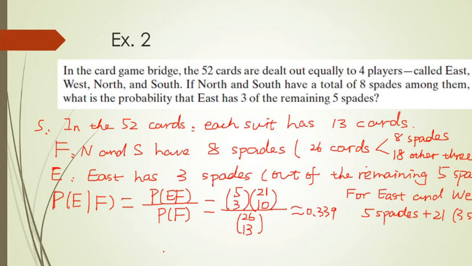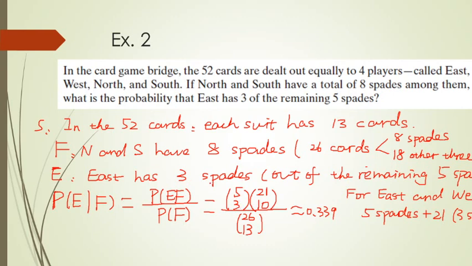Here we define event F as north and south have 8 spades, but they already got 26 cards: just 8 spades plus 18 from the other 3 suits. And then given that event F occurs, the conditional probability of event E, which means east has 3 spades, so we choose 3 spades out of the 5 remaining spades.